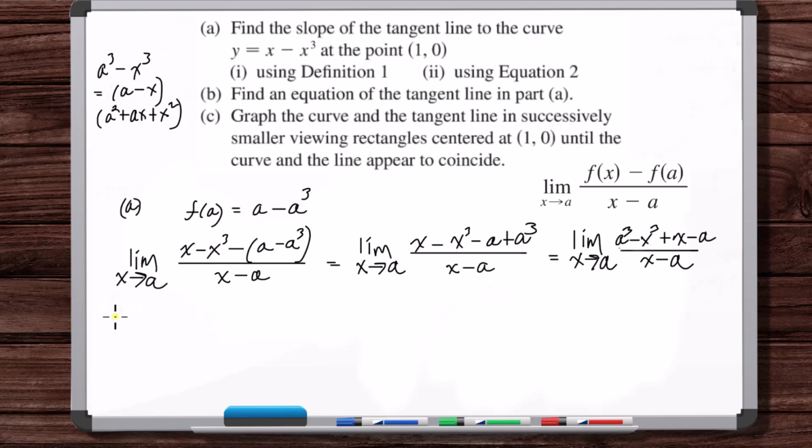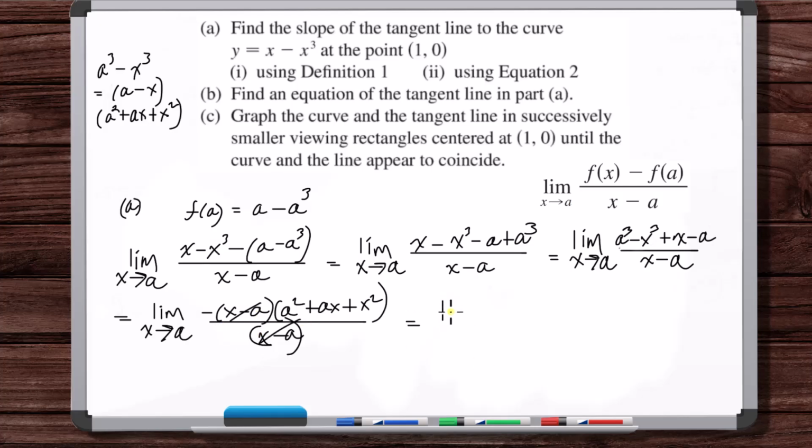So, okay, we've got the limit as x approaches a of, now let's take a minus sign out here. So you get x minus a and then a squared plus ax plus x squared over x minus a. So there we go. Now we've got the limit as x approaches a of minus a squared plus ax plus x squared.